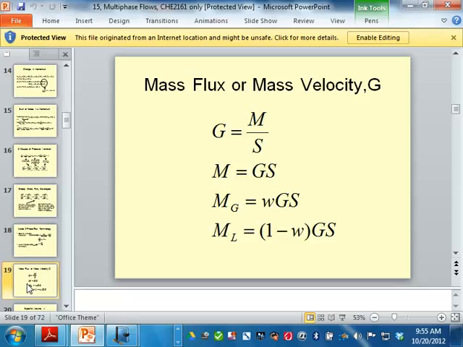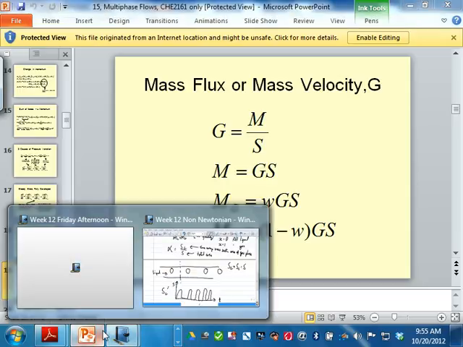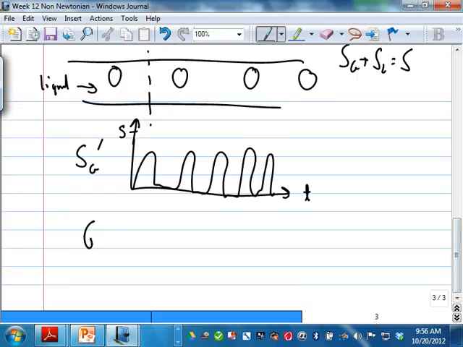G is in kilograms per meter squared per second. So it is m dot per unit area. That's G. In my notes here, G is m over S, with units of kilograms per meter squared per second.